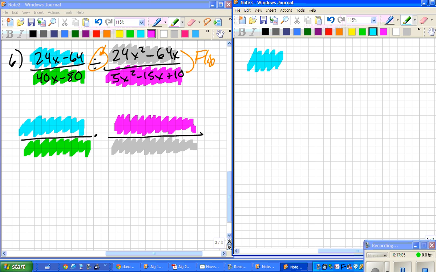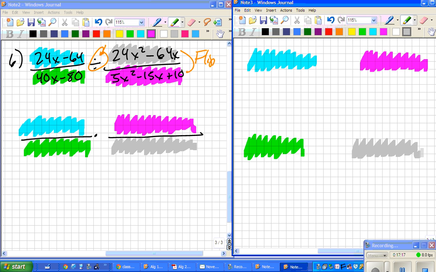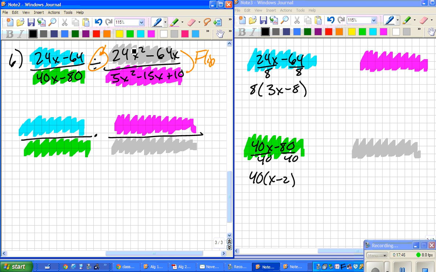So spacing everything out. We got to factor out the blue, the green, the pink, and then the gray. Okay? So 24x minus 64. The only number I can think that goes into both of those is 8, and then we're left with 3x minus 8. Okay? 40x minus 80. I know that 40 goes into both of those, and we're left with x minus 2.